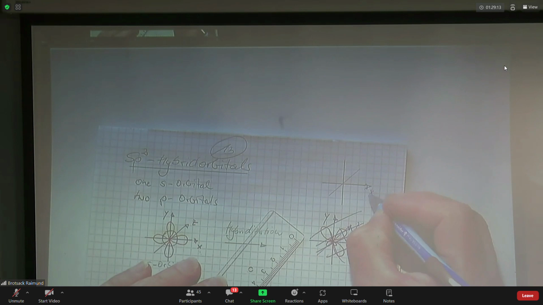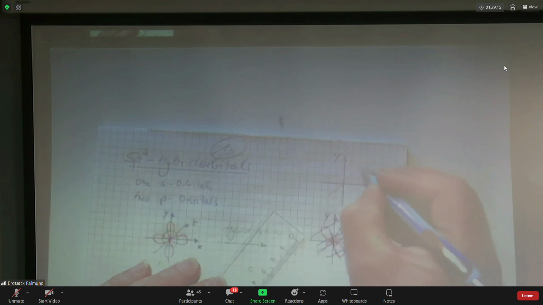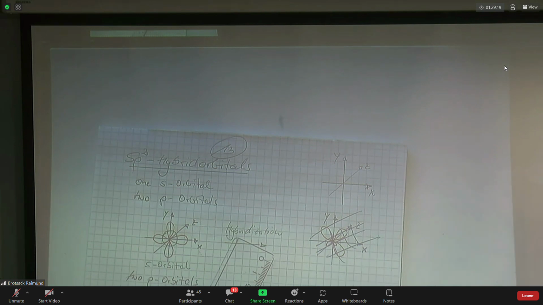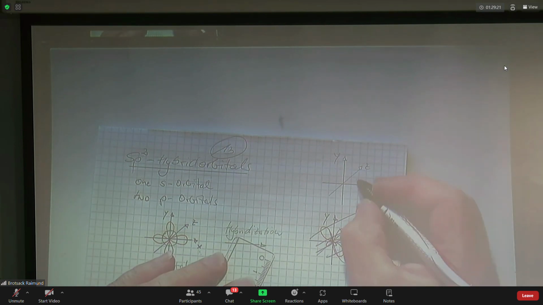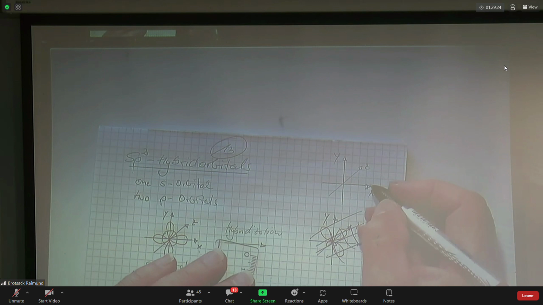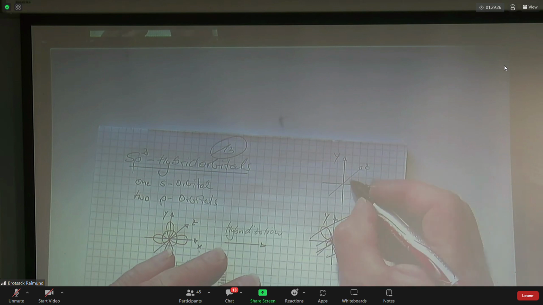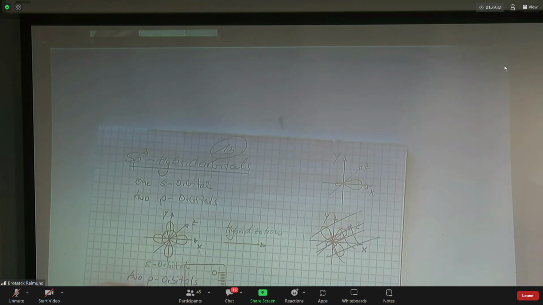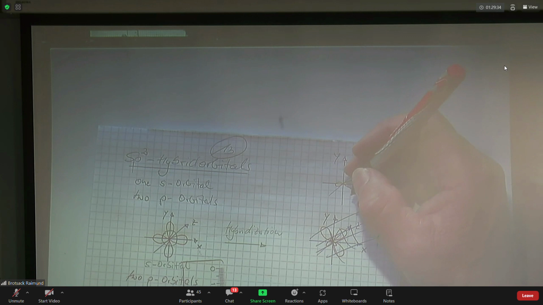So X, Y, Z, and these are directly on the axis. And on the x-axis here, they are building a trigonal planar structure.